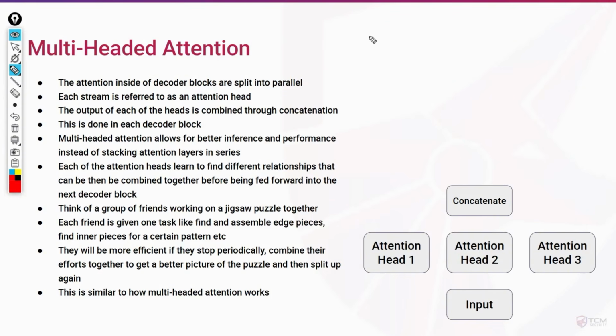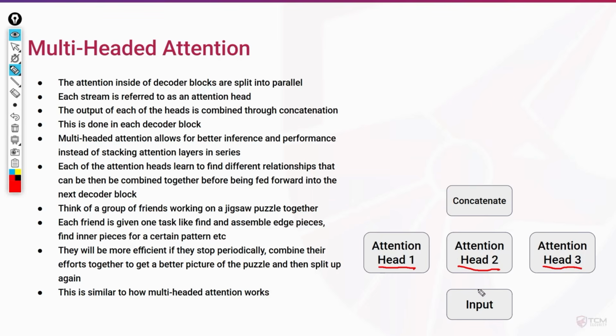And how many of those we have is a parameter of the model. So the attention inside of each decoder block, though, is actually split into parallel. And each of those streams is referred to as an attention head. So in this one, we've got 3, but again, this is just another parameter of the model that can be increased to potentially improve the performance of the model.